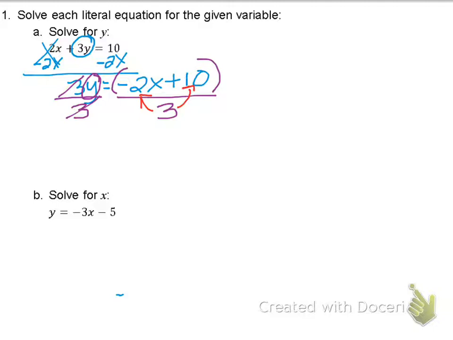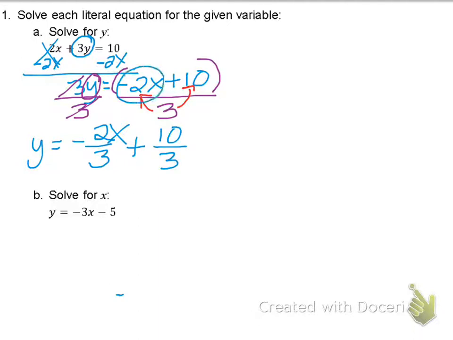So that means we can rewrite this as y equals negative 2 thirds x, or negative 2x over 3, plus 10 thirds, because we have to divide this term by 3 and divide this term by 3.